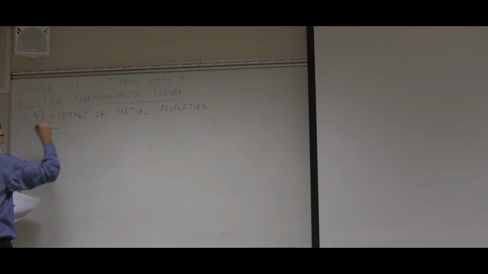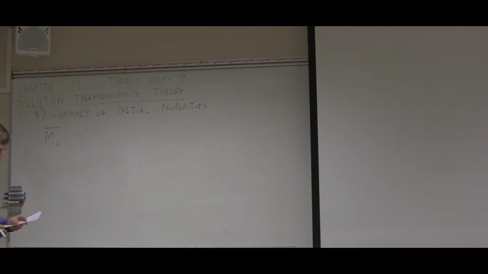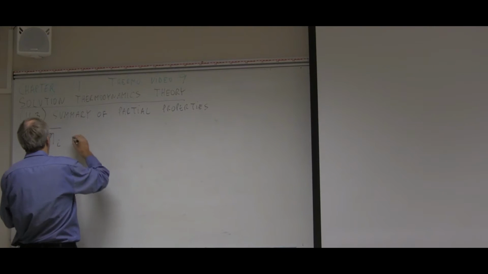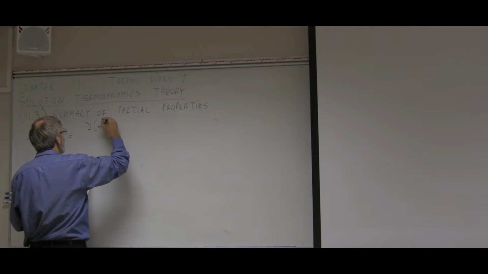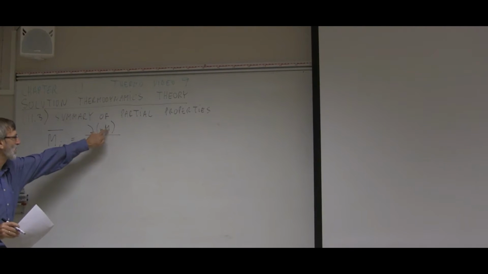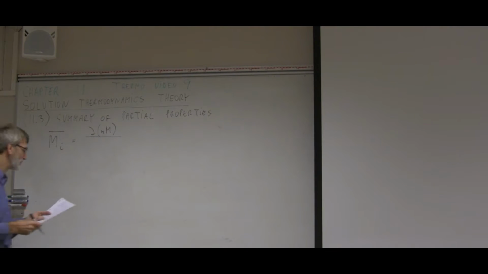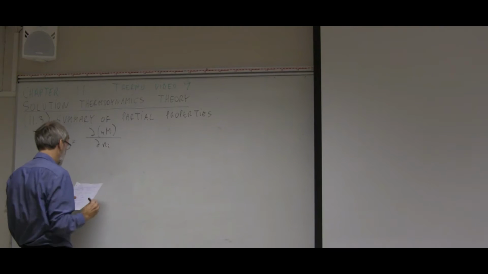The most important is to define the partial molar property, which is the derivative of the total property, which is the number of moles times the property, by ni.